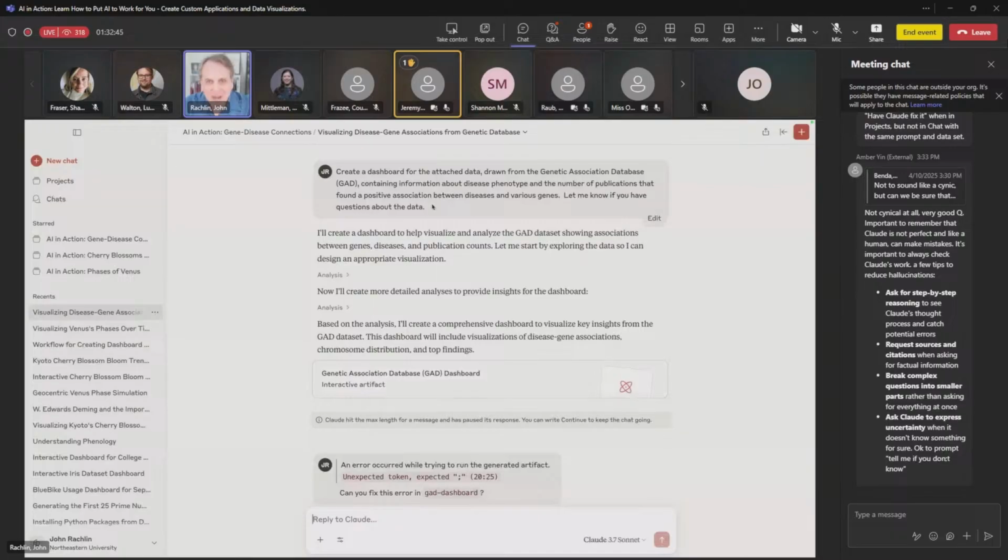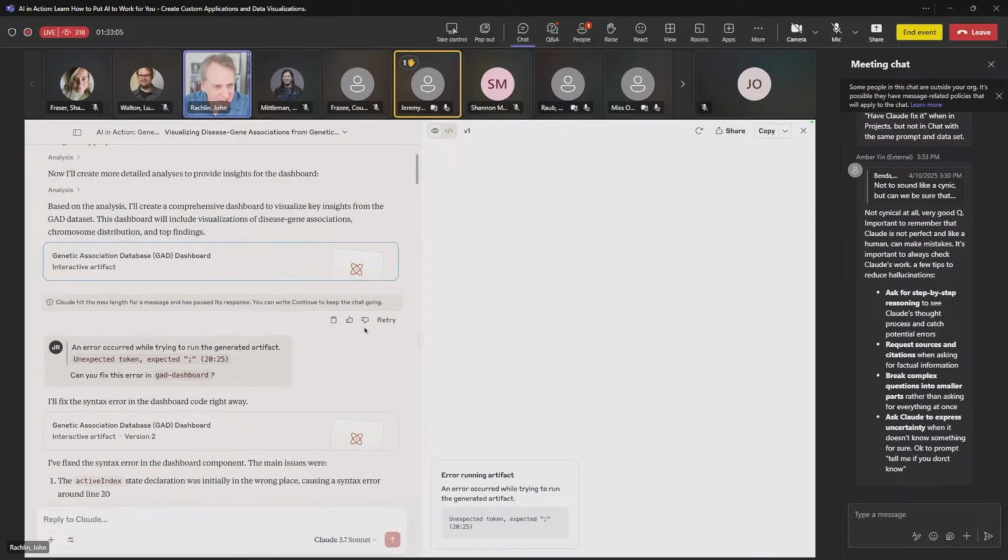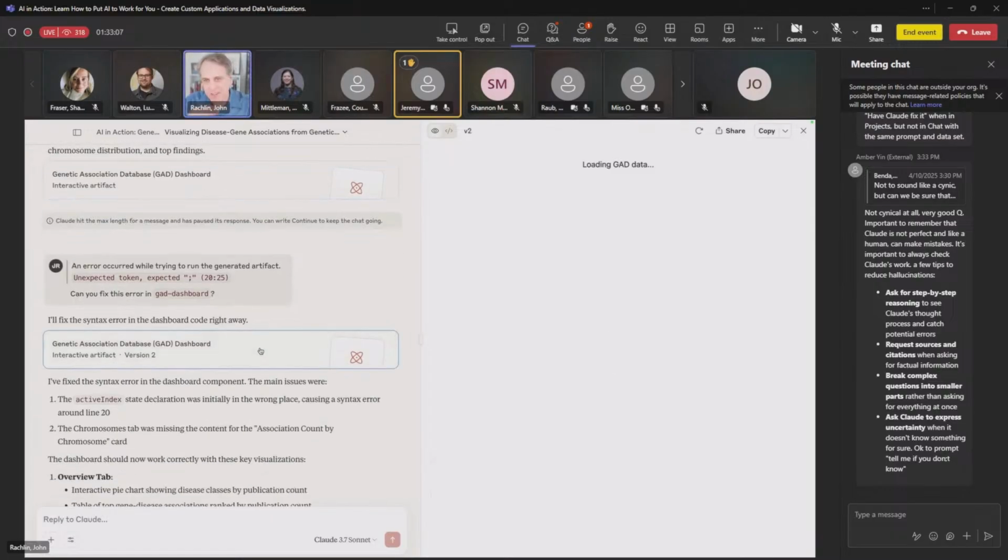And so there's the prompt, give me a dashboard. It's up to Claude to come up with something. Now, the first time I did this, here was a case where it generated a syntax error. No need to panic. There was a little button that said fix with Claude, and in fact, I did just that. And the second version now worked perfectly well.